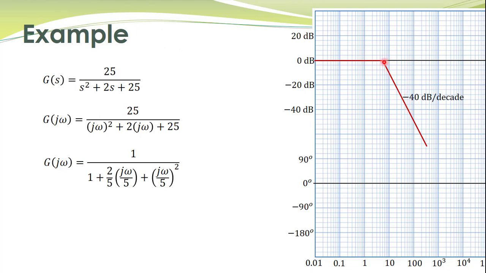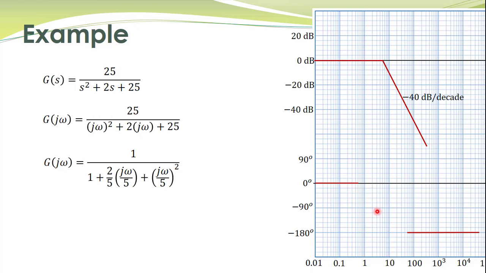So again, this graph is not very accurate. To improve the accuracy, we can draw a peak over here, and the frequency corresponding to that peak can be easily determined. Also, the amplitude corresponding to that peak can be determined. For the phase plot, we indicate the frequency one decade below the corner frequency.